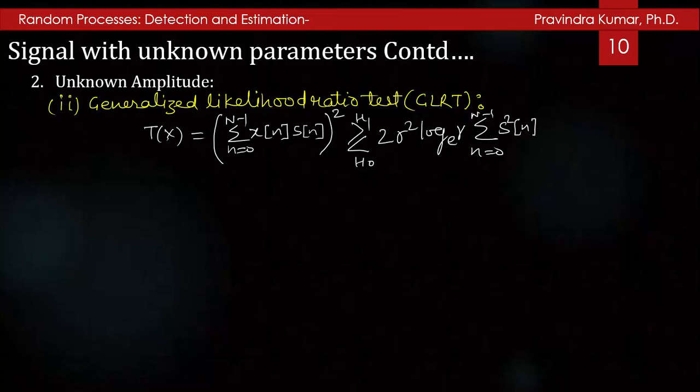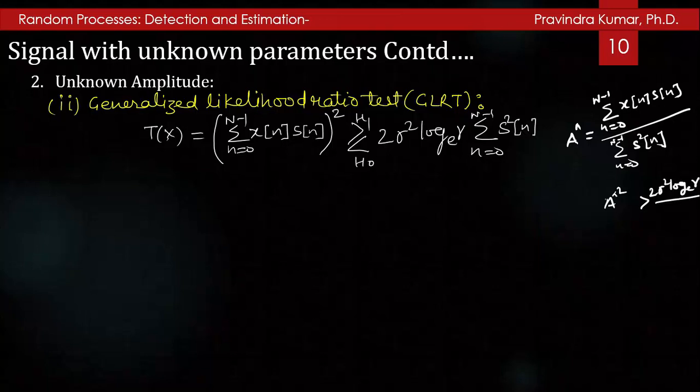This test statistic arises because A hat is summation x[n]s[n] divided by summation s squared[n], and we decide H1 or H0 if A hat squared is greater than 2 sigma squared log gamma divided by summation s squared[n], as you have seen in the previous slide.